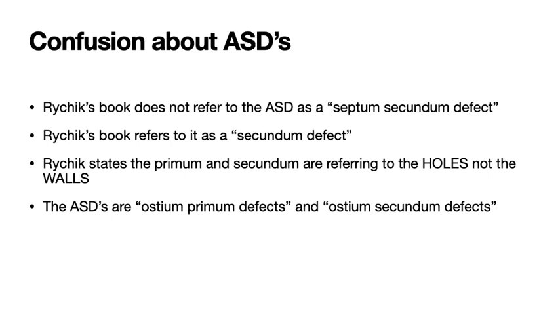It uses the term secundum defect, and they're really referring to the hole. All right, so ASDs are really ostium primum defects, ostium secundum defects, or more commonly, primum defects, secundum defects. But they're never septum primum defects.